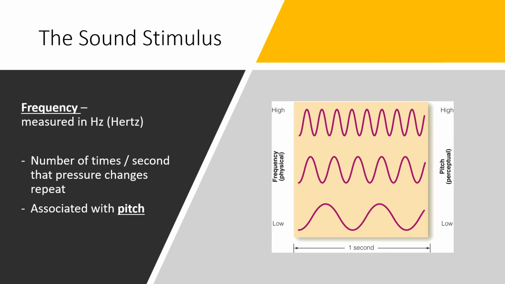So the aspect of frequency is another part of the sound stimulus itself. It's measured in hertz. This is referring to the number of pressure changes, or the number of times that we see those pressure changes per second, and that's going to repeat over time for these pure tones, or if we're holding a note with the piano or the violin or whatever musical instrument. It is associated with pitch, and so the aspect of perception is pitch.